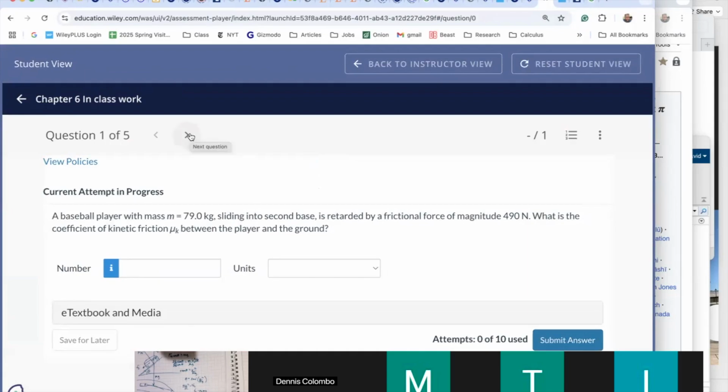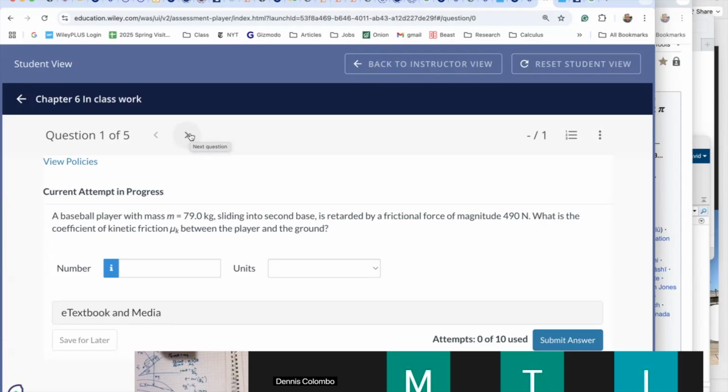Let's start with number one here. A baseball player with a mass of 79 kilograms sliding into second base is retarded by a frictional force of magnitude 490. What is the coefficient of kinetic friction mu k between the player and the ground?